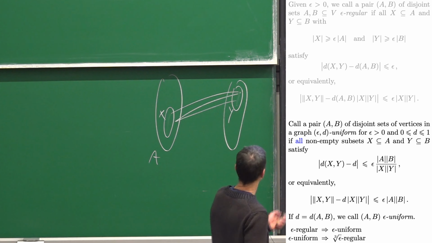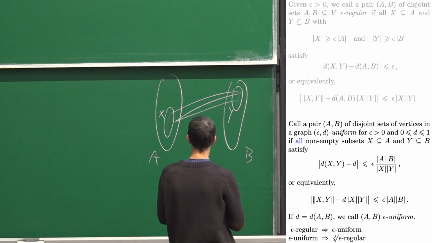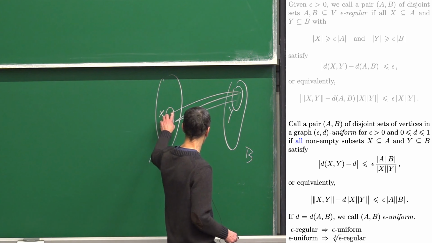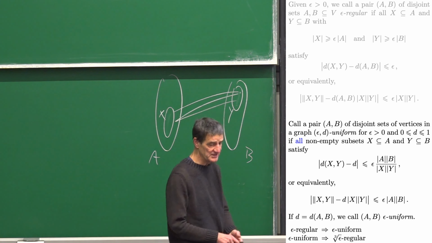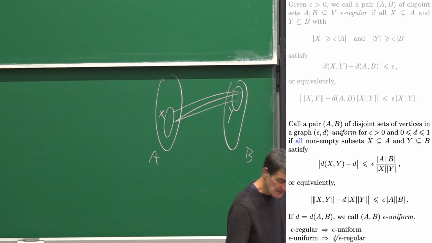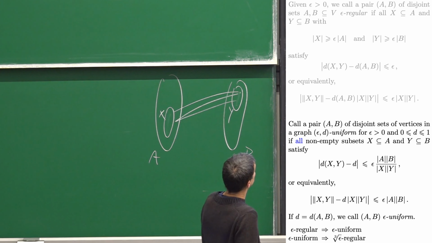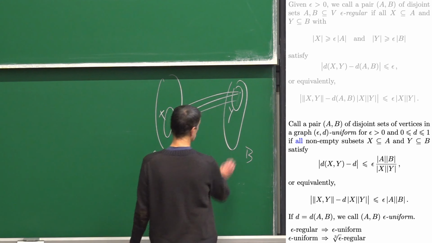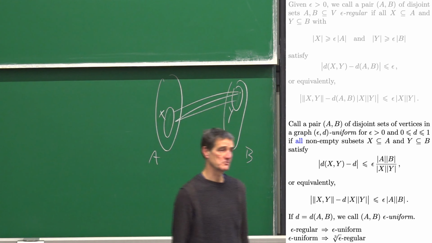The difference between the number of edges between X and Y and d times the number of possible edges, d times order X order Y, is bounded above by epsilon times order A order B rather than order X order Y.